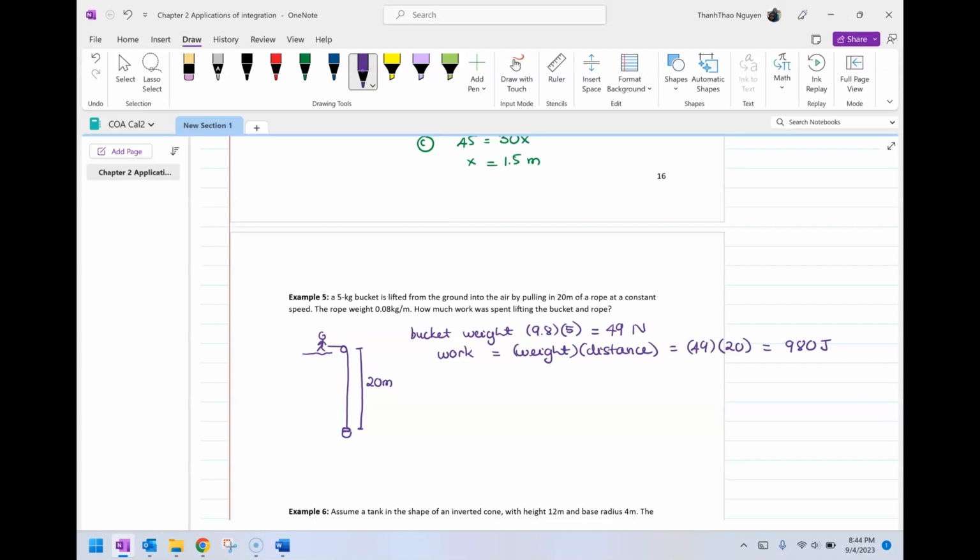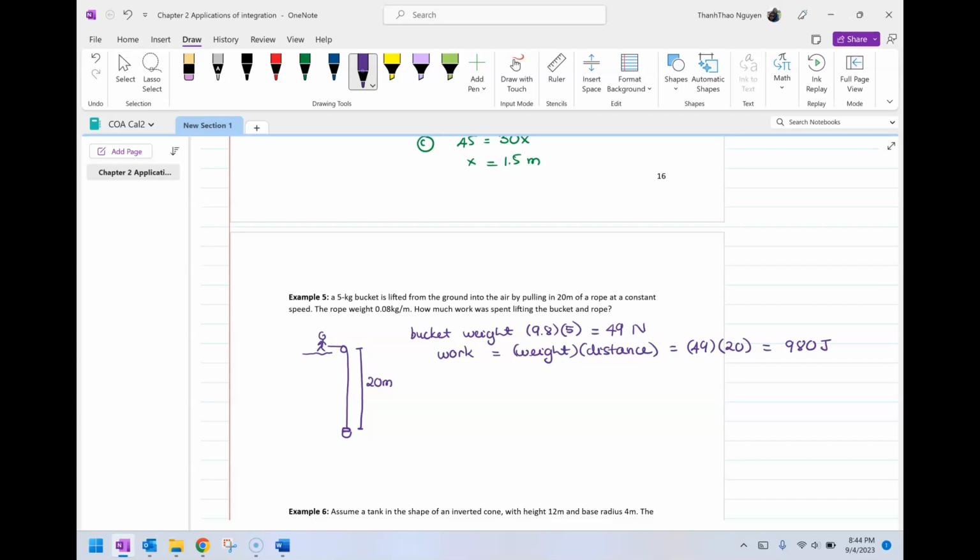The weight of the rope varies as the distance changes, right? Because as you pull in the rope, the length of the rope gets shorter since the bucket is moving up. So the weight of the rope varies, and the length of the rope is equal to 20 minus x.